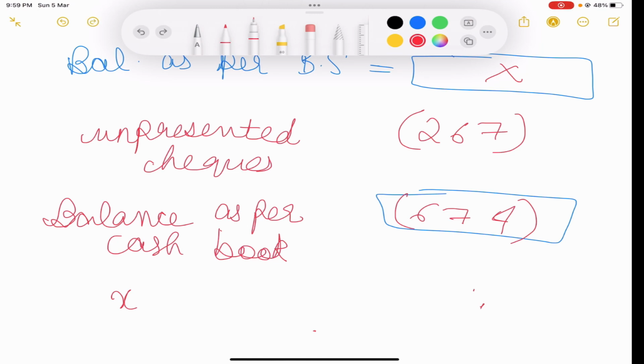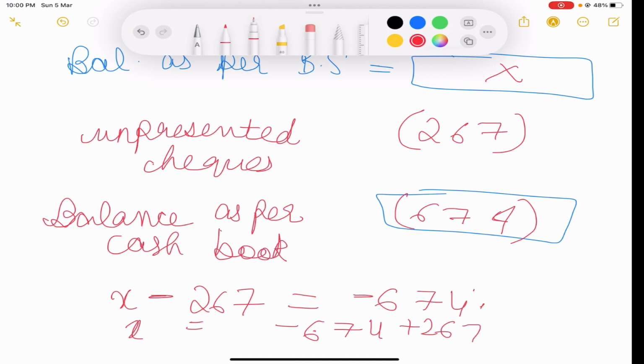Balance as per bank statement minus 267 will give me balance as per cash book, which is minus 674. This is going to give me minus 407.